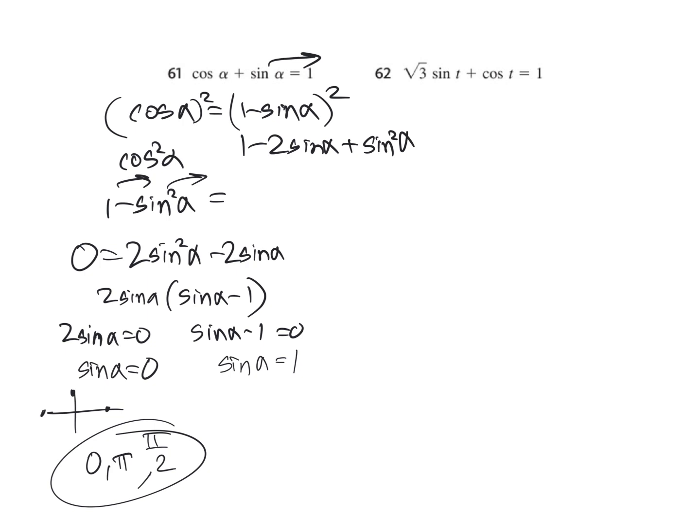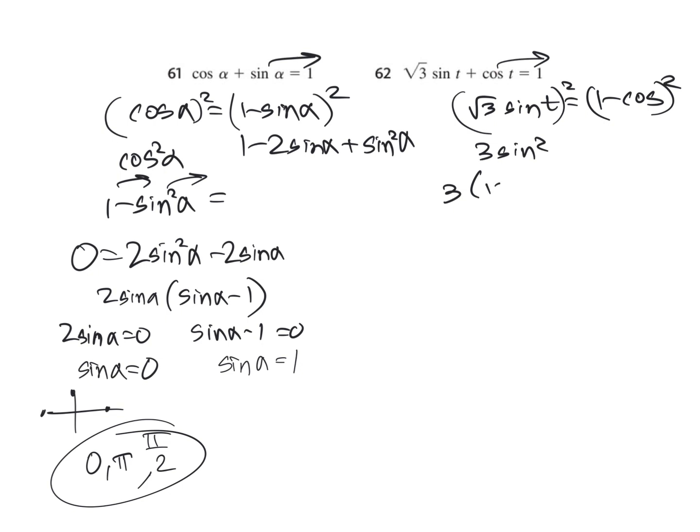Okay, so now 62. Let's move cosine to the other side. And it's just like the previous problems. 1 minus cosine squared both sides. Get 3 sine squared, which is 3 times 1 minus cosine squared, or 3 minus 3 cosine squared, equals 1 minus 2 cosine plus cosine squared.